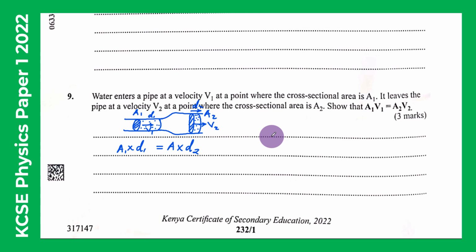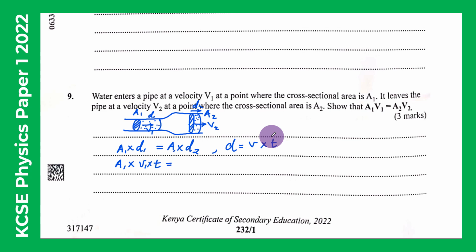But D is equal to speed times time. So here we've got A1 D1 will be equal to A1 V1 times time.